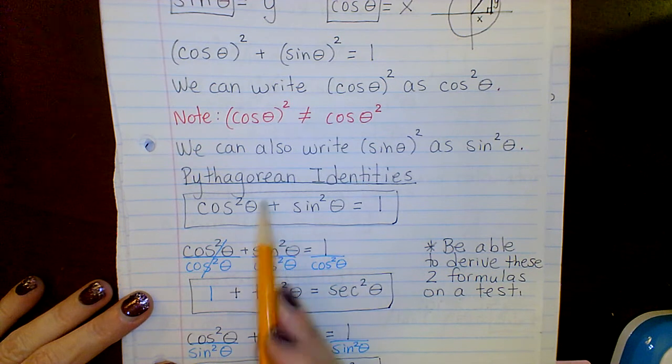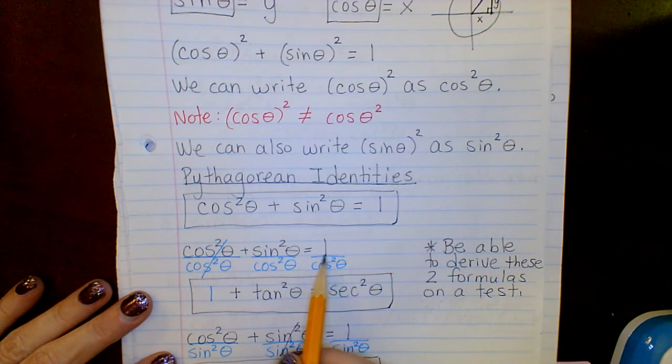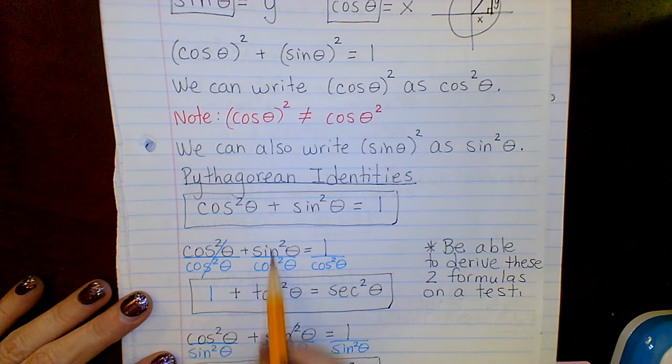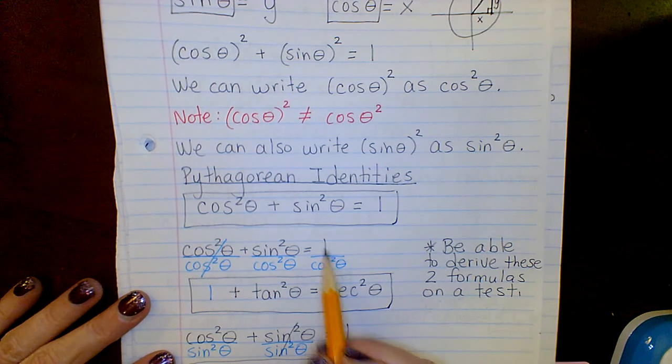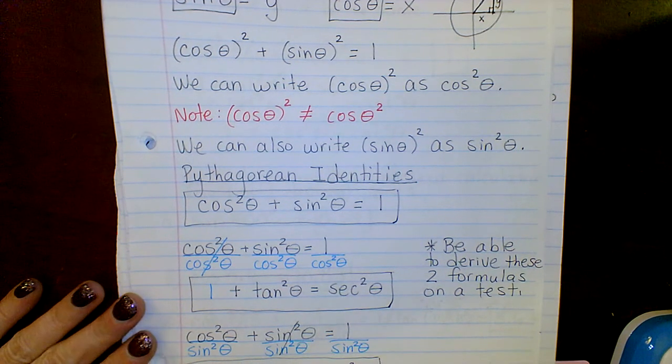It doesn't matter because addition is commutative. If I take that original Pythagorean identity and divide every term by cosine squared, this first term becomes 1. Remember sine over cosine, that quotient rule, is the same thing as tangent. So sine squared over cosine squared is tangent squared. And then 1 over cosine was secant, so 1 over cosine squared is secant squared.